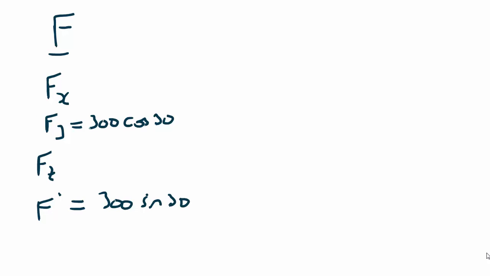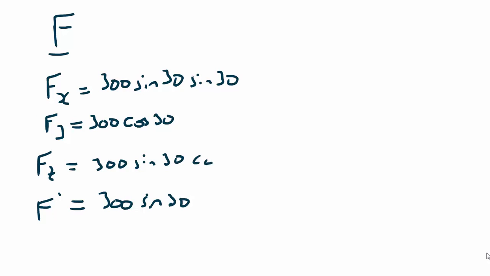Fx will then be 300 sine 30, and then another sine 30. And Fz will be 300 sine 30 cosine 30. So hopefully that makes sense to you. You can then put those together.